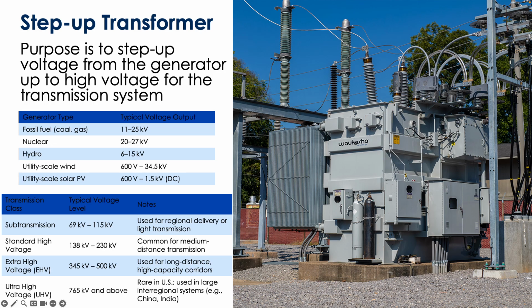This stuff here at the bottom, ultra high voltage, this is a more modern level in our transmission classes. I don't actually think we have any built out today in the US, although I think there are plans to do that.